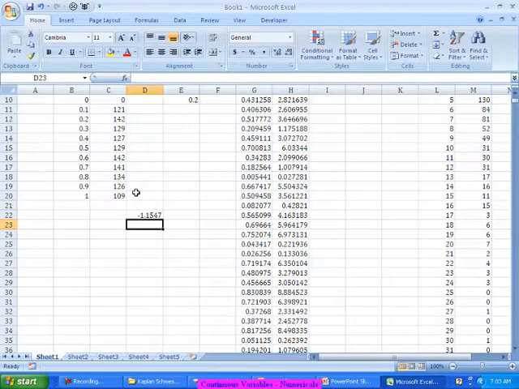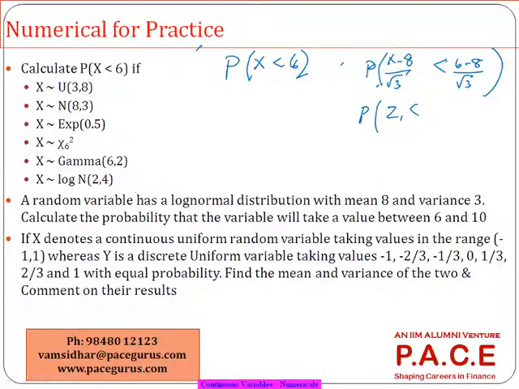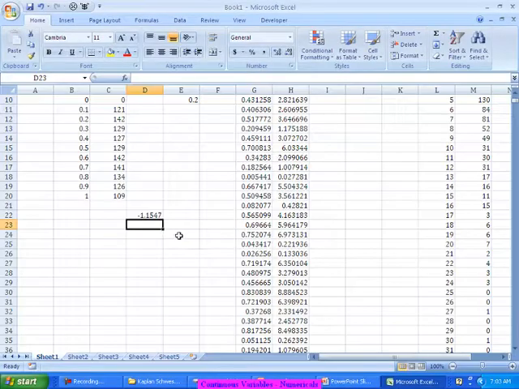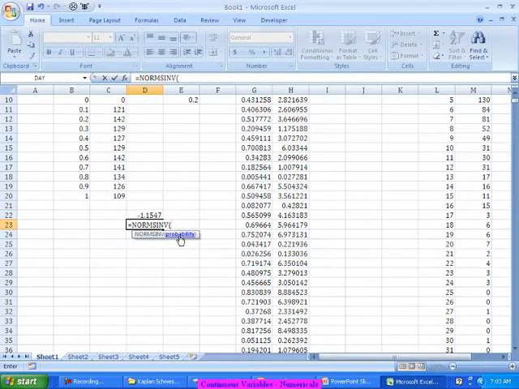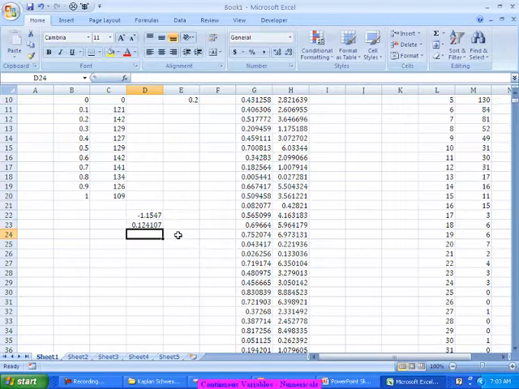1.15 I can look out for in the normal distribution tables, whatever is the area corresponding to 1.15.